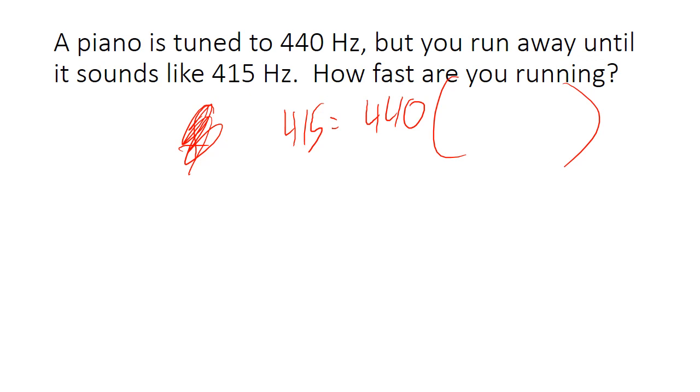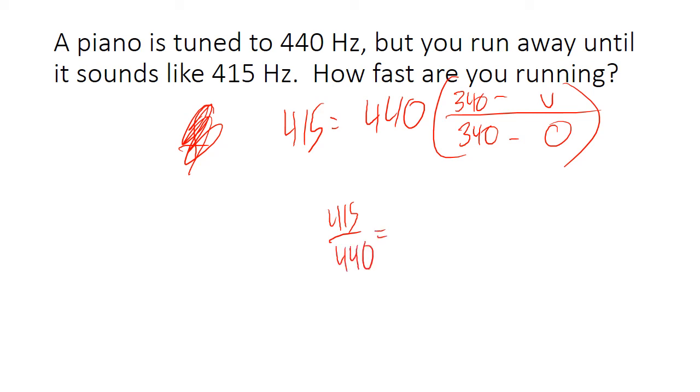Did you do it? So we're going to have 340, 340. Right, minus, minus. Well, the piano ain't moving, so this is going to be a 0, and that's going to be a V. So we're just going to solve for that V. Okay, so I'm going to divide both sides by 440. So that way I get 415 over 440 is equal to 340 minus V over 340.